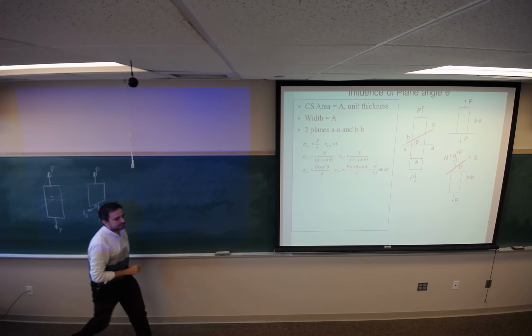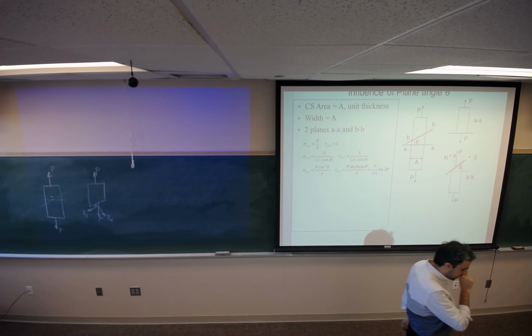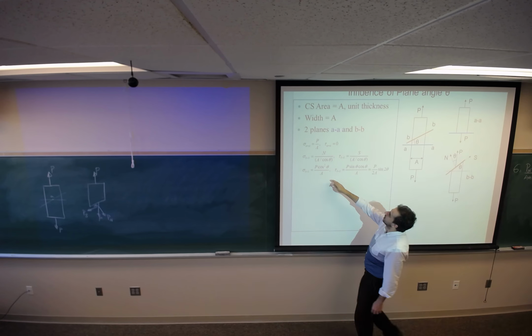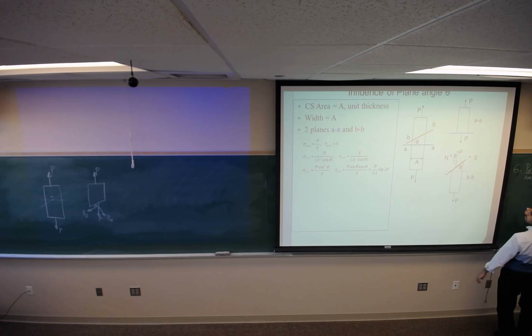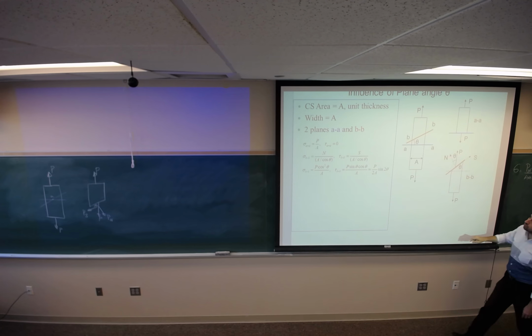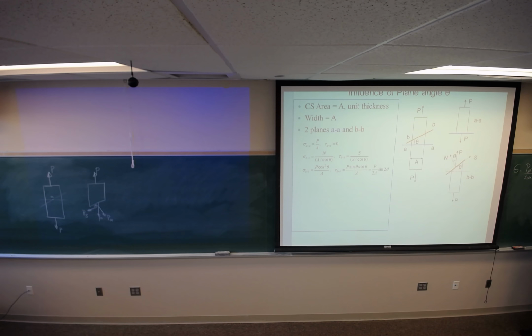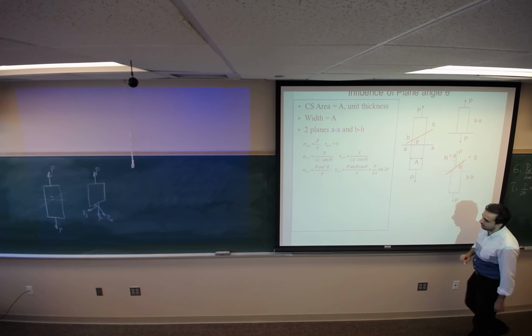Ps is making the shear stress and Pn is making the normal stress. So the sigma, which is Pn divided by the area, is going to be P over A times cosine square of theta. And shear stress is going to be P over 2A times sine of 2 theta.